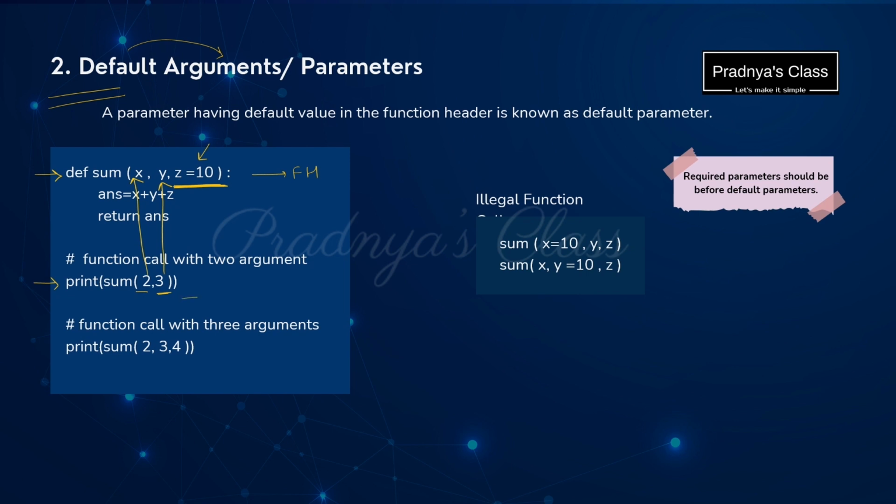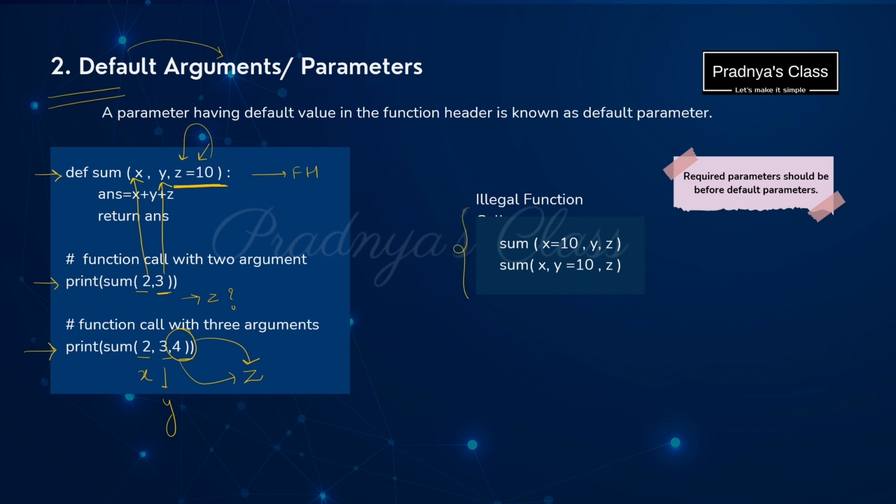We are not providing a value for z, so 10 will be considered for z. Now look at the second function call. We are passing three values. What does it mean? 2 is the value of x, 3 will get initialized to y and 4 will get initialized to z. If we pass specific values, those will get initialized. If we don't pass, the default value will be considered.